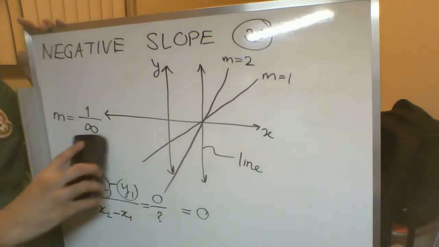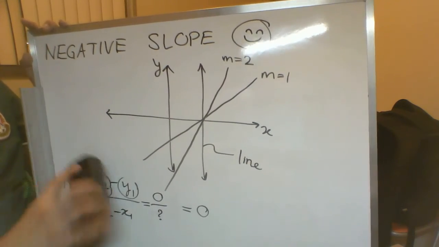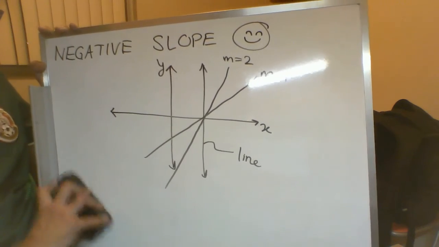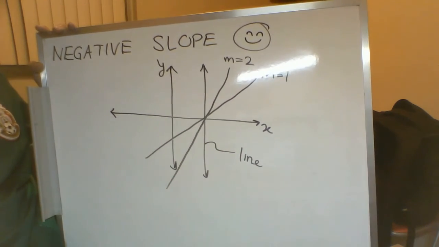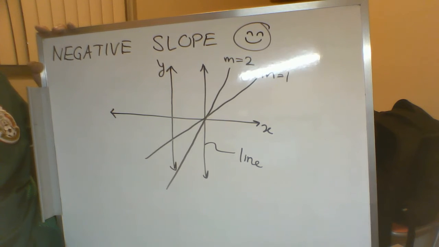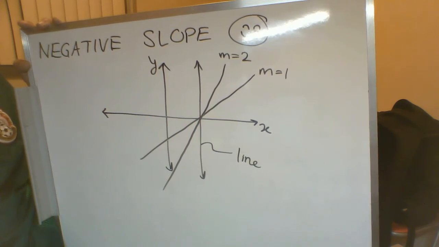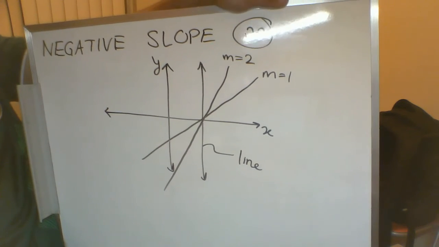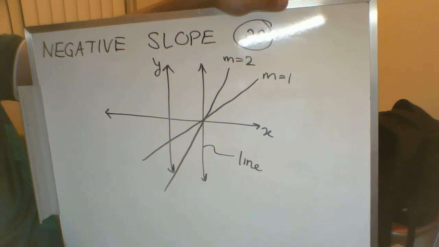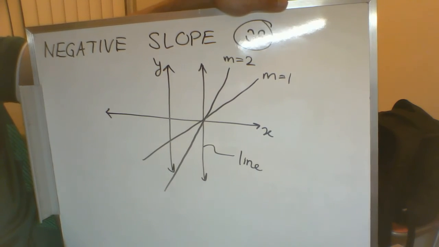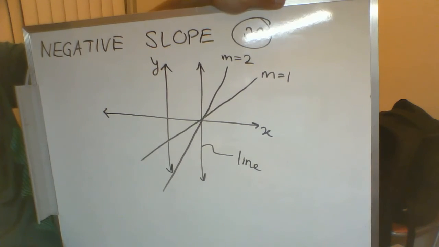So now we're not dealing with this anymore, and we're not dealing with a slope of 0 anymore, so I can get rid of that as well. The thing with the horizontal lines is that we were basically approaching a slope of 0 as that denominator got bigger and bigger, because 1/2 is smaller than 1, 1/10 is even smaller, 1/100th is even smaller than that, 1,000th is even smaller, a millionth is even smaller.